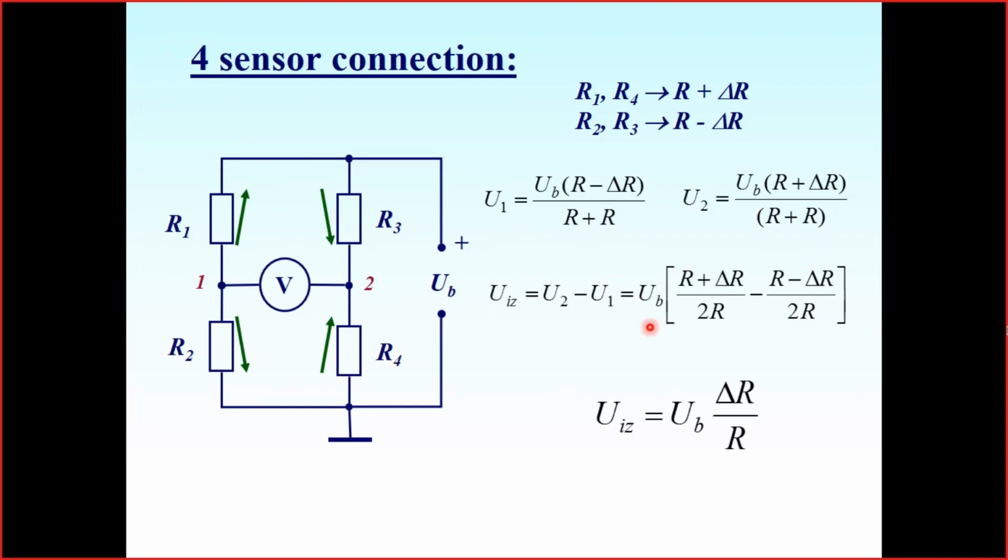As a result, these fractions diminish each other, and we get a single fraction. The output voltage is equal to the power voltage times delta R divided by R.